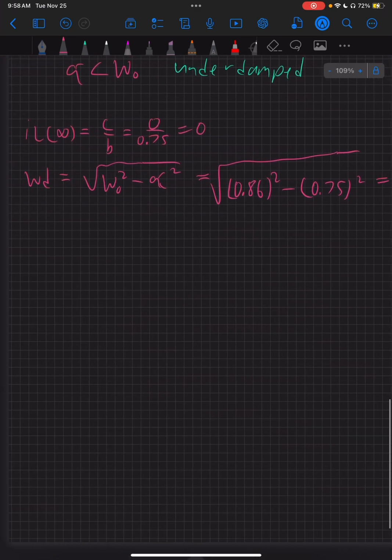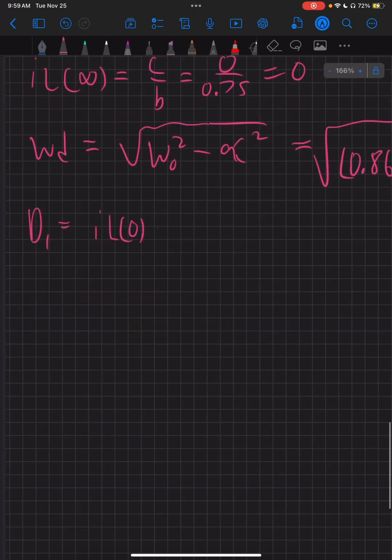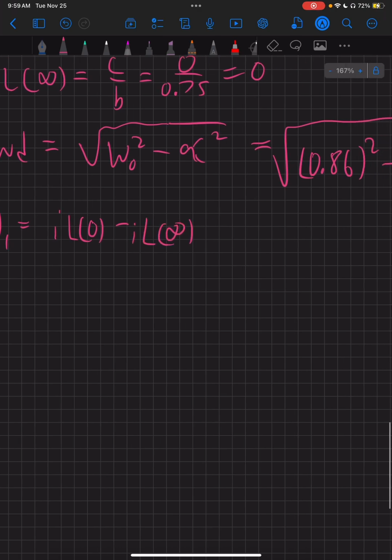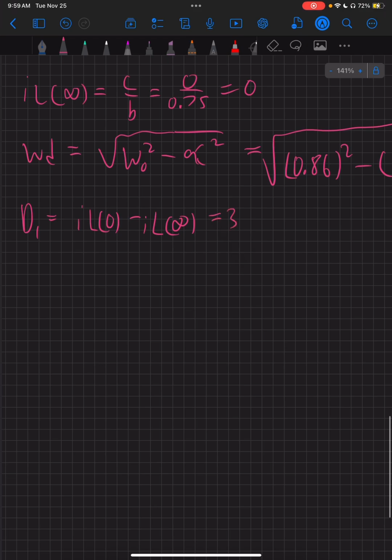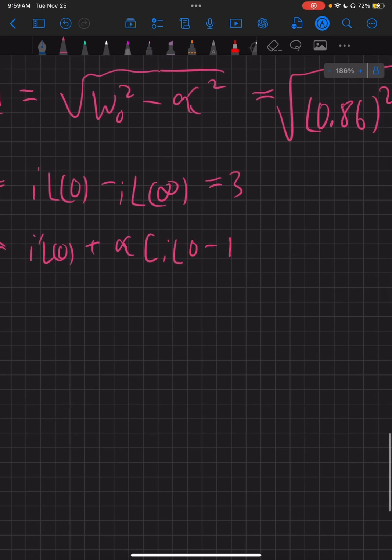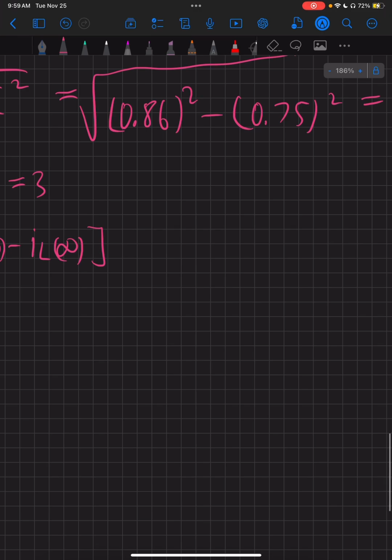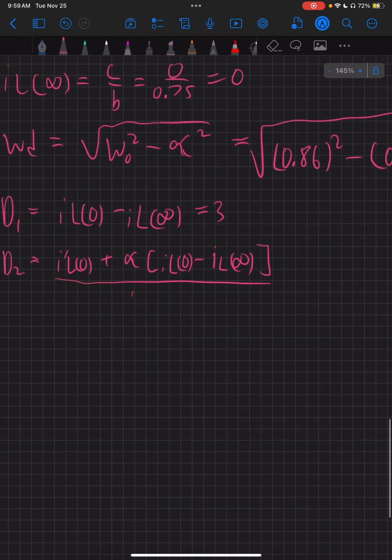So that's our WD. For D1, it's going to be Io(0) minus Io(infinity). Io(0) is 3 and Io(infinity) is 0, so it's 3 minus 0, which is 3. For D2, it's going to be Io prime(0) plus a times Io(0) minus Io(infinity), all over WD.